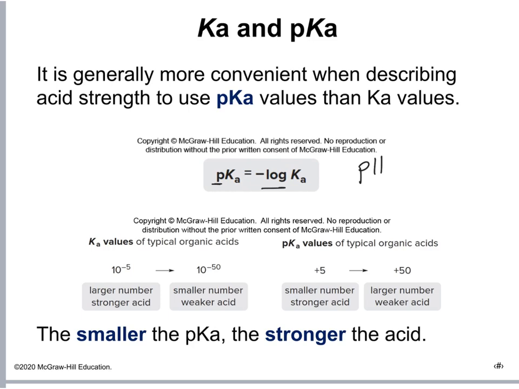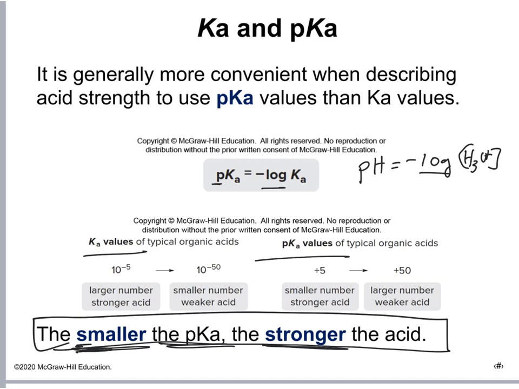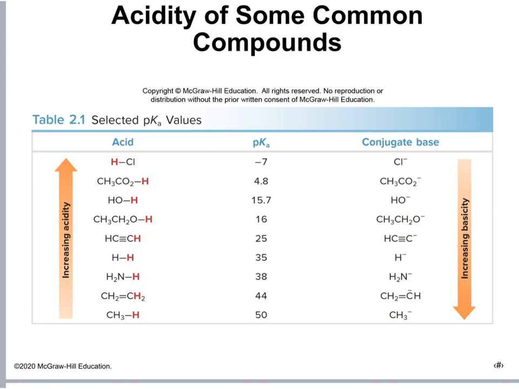So like pH is negative log of your H3O plus concentration. It's just a mathematical term. They're showing you the different Ka values when they're converted to pKa. So this is what's important right here. The smaller the pKa value, the stronger the acid. Smaller, stronger. Smaller, stronger.